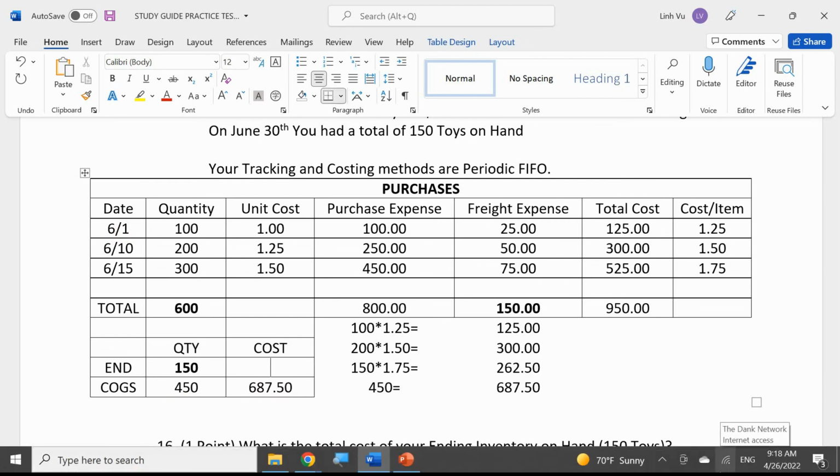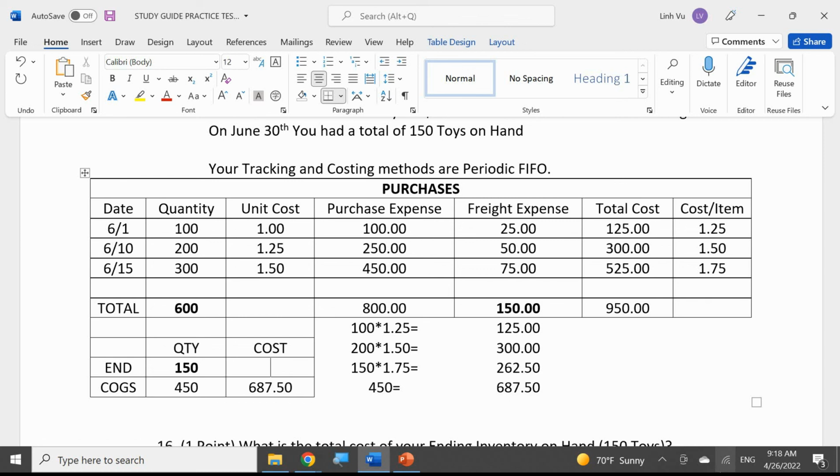Okay, so then what is going to be your ending balance in your inventory on hand? There's two ways you could solve for this, right?